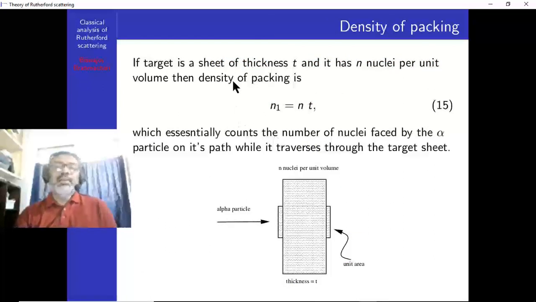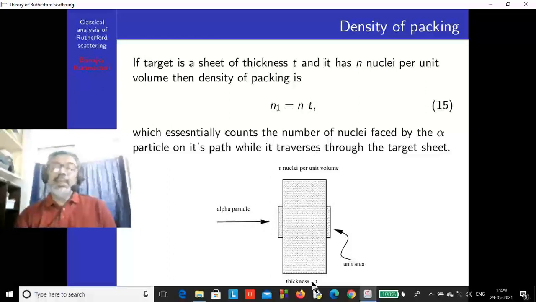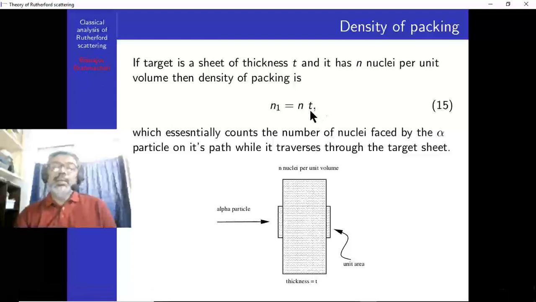Now in a realistic situation, there is a target sheet, and the target sheet has the number density, that means n nuclei per unit volume. But remember that we are considering a unit cross section. That means for that unit cross section, the volume is t, where t is the thickness. You may wonder how a thickness becomes a volume? It is possible when you are considering the unit cross section.